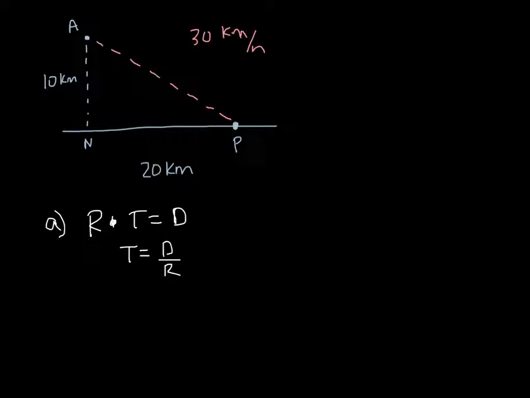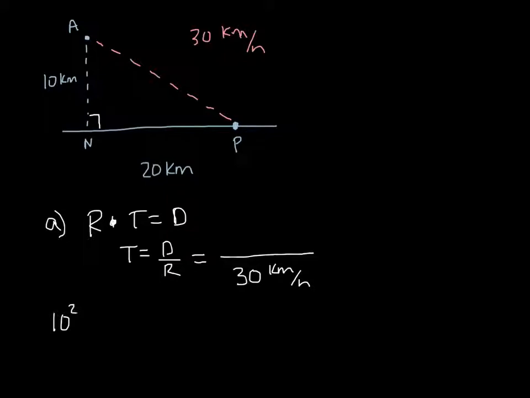Well, it looks like the rate we've already got. We don't know what the distance is yet, but we're going to find it in a second. I know that that rate is going to be 30 kilometers an hour. And for the distance, well, I think I see a right triangle here. Let me draw that in. There's a right triangle, and I know the lengths of the legs, and I'm looking for the hypotenuse, so that looks like the Pythagorean Theorem to me.